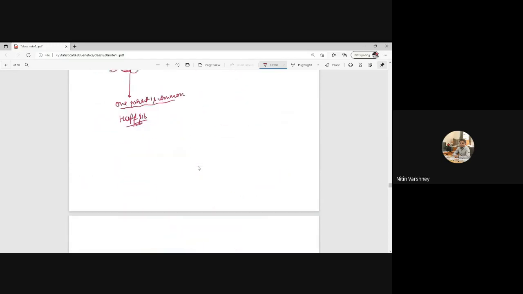Now we will move to the last topic, that is diallel cross. What is diallel cross? Does anyone know? Any idea about diallel cross?